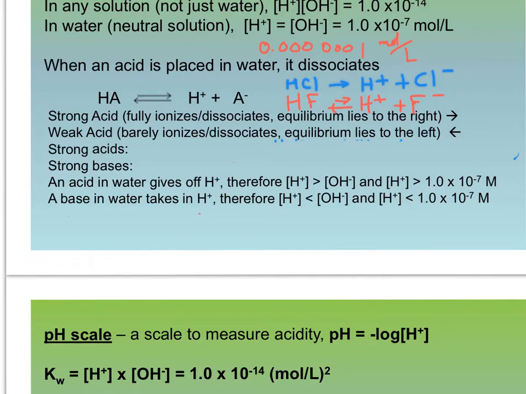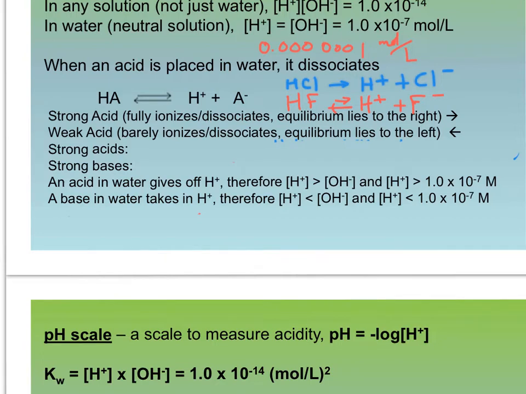So my H plus is less than this number, my OH minus is higher. So lots of H pluses means it's acidic, lots of OH minuses means it's basic. If they're equal, it's neutral. Just based on that, you should be able to predict whether it's an acidic, basic, or neutral solution.